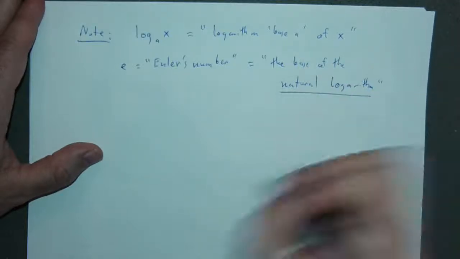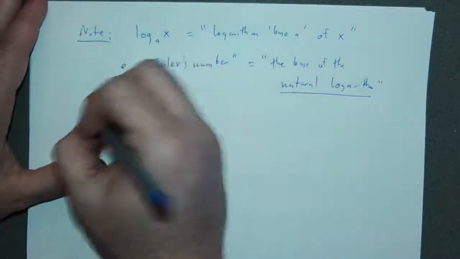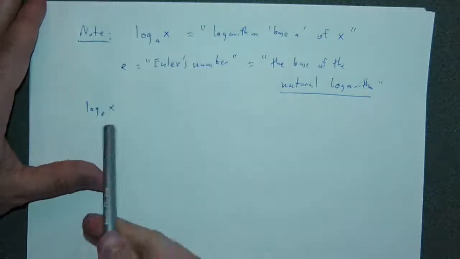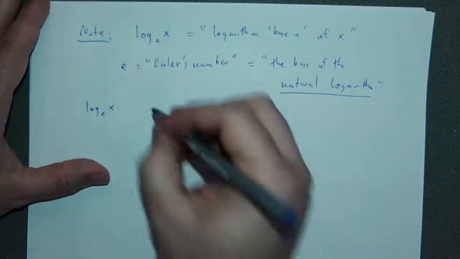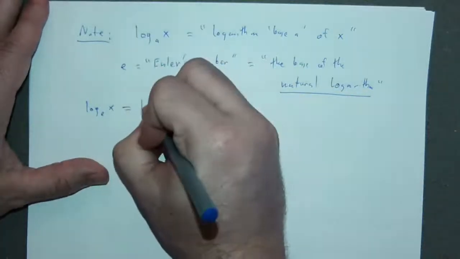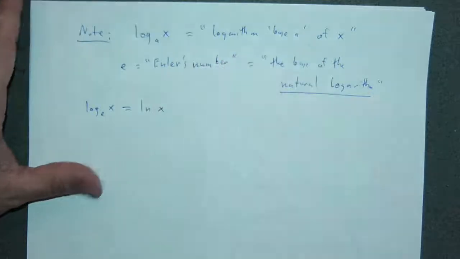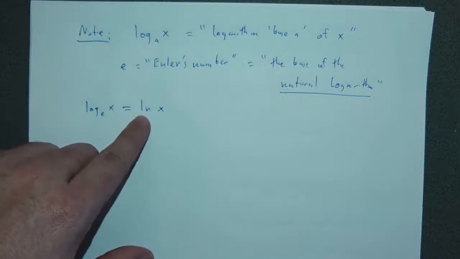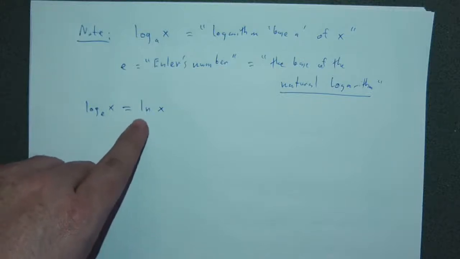What is the natural logarithm? The natural log is the log base e of x, and in modern notation, this is written as ln of x. Although I call this modern notation, really this is modern notation for Calc 1 through 3, and that's about it.